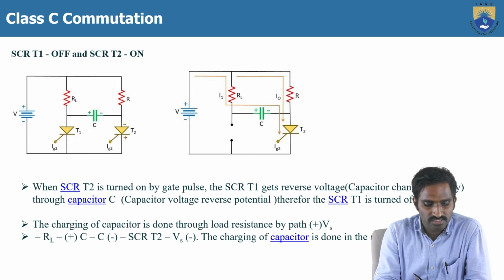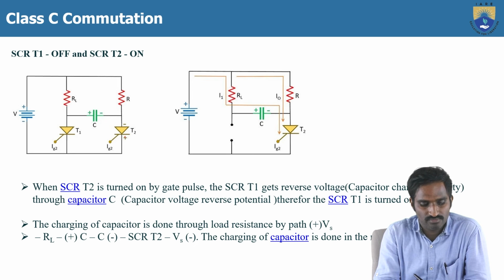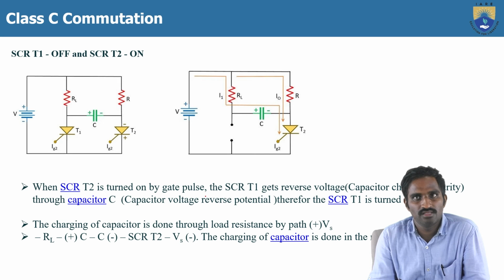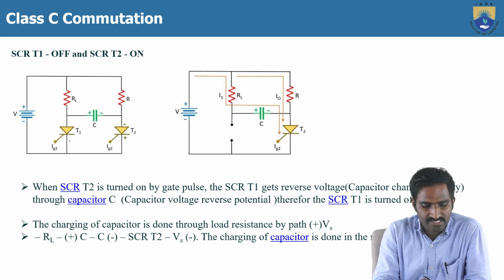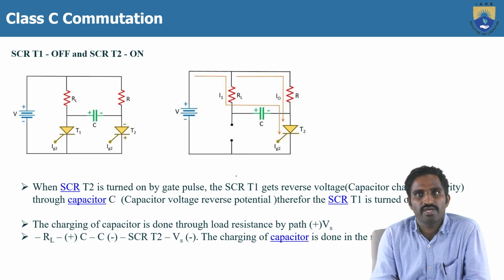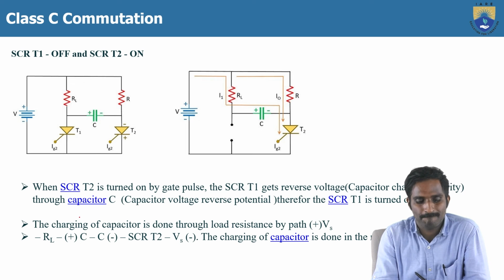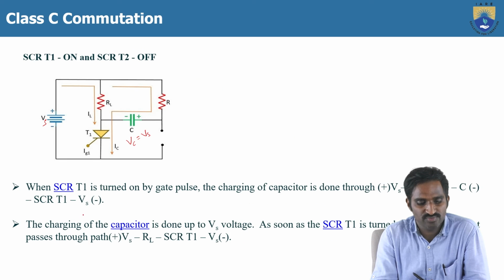When the thyristor T2 is turned on by giving the gate signal, the voltage across the thyristor T1 gets reverse biased, because the capacitor polarities have been changed.